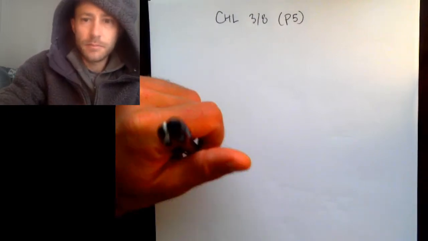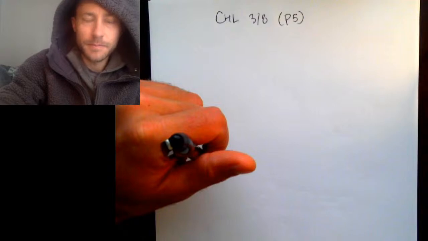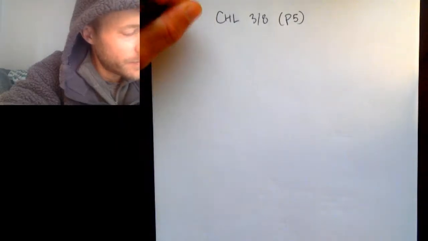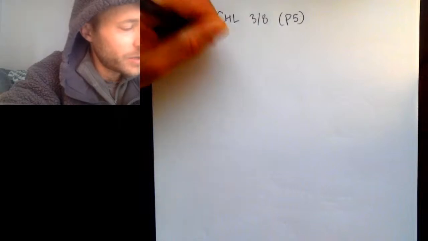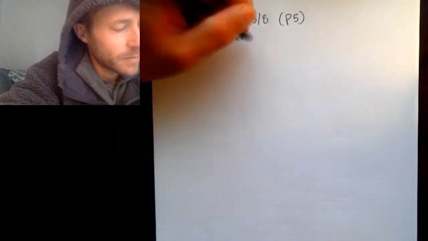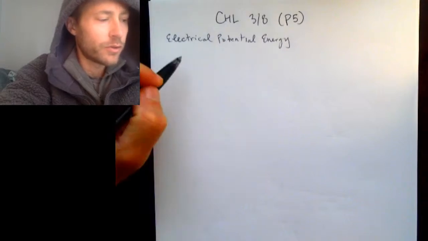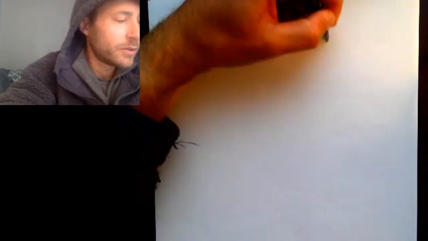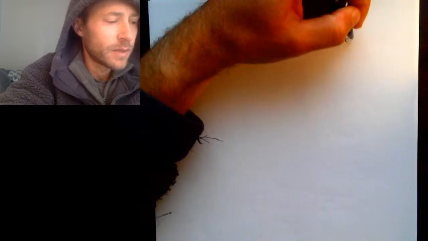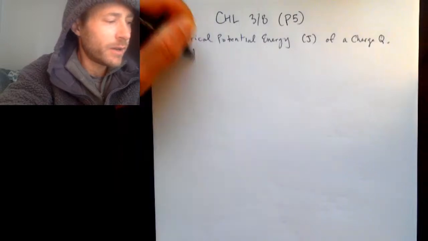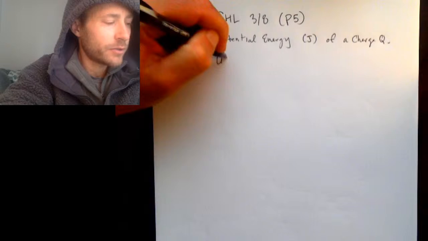So there is something called the electrical potential energy, okay, which is, of course, measured in joules, and it is of a charge of size Q. That's electrical potential energy, and that is denoted by U of x, right?